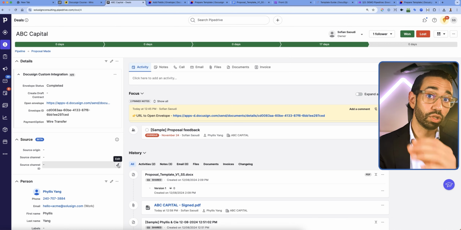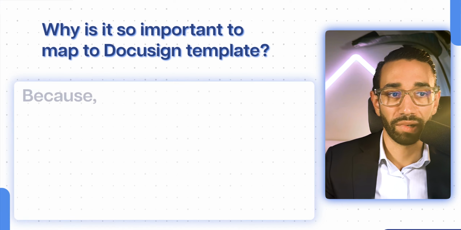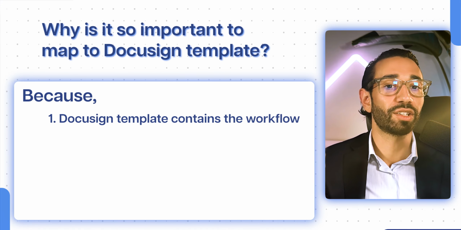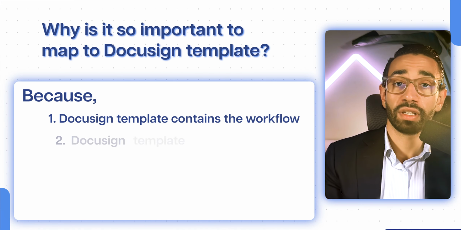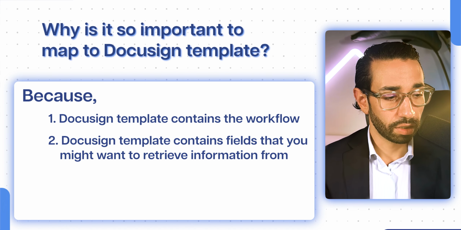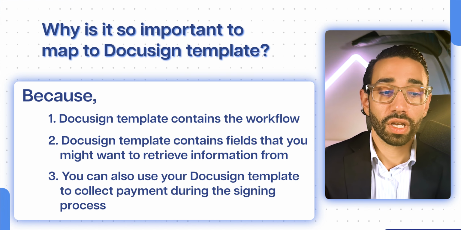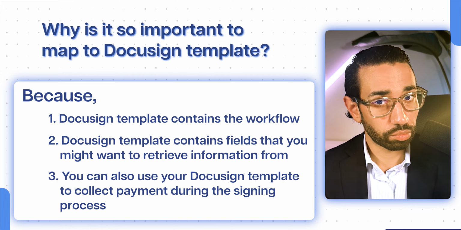Why is it so important to be able to map to a Docusign template? Because your Docusign template contains the workflow. Also, it contains fields that you might want to use to retrieve information, and you can also use your Docusign template to collect payment during the signing process.